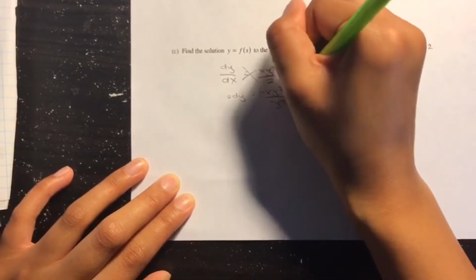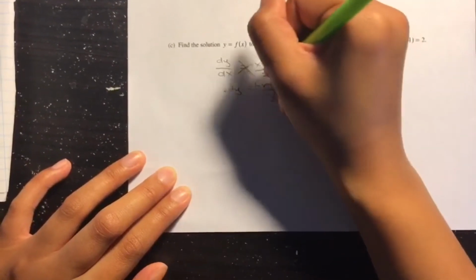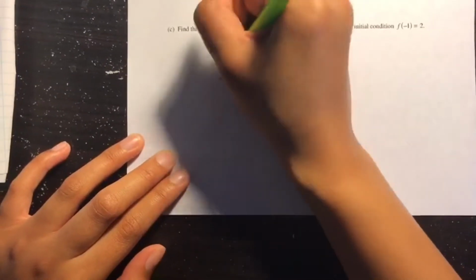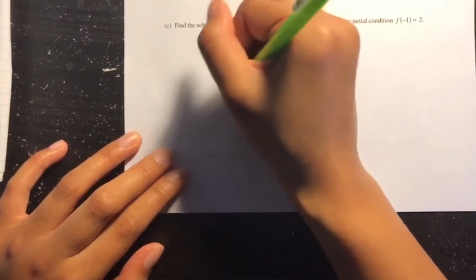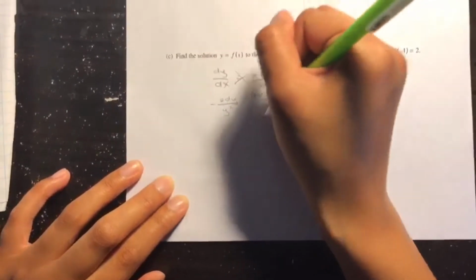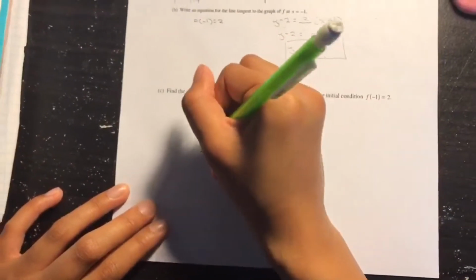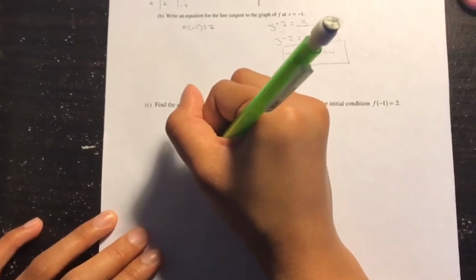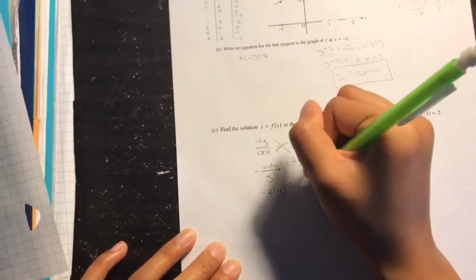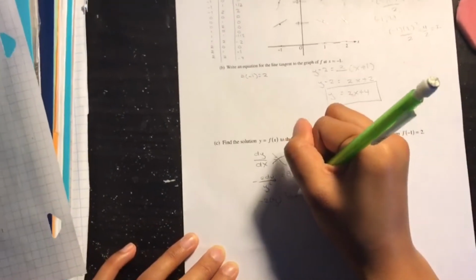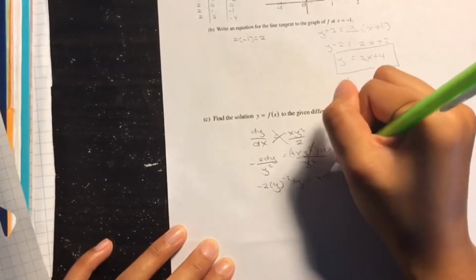That cancels out these ones, and afterwards you would want to simplify that, and so you would get negative 2 y to the negative 2 dy is equal to x dx.